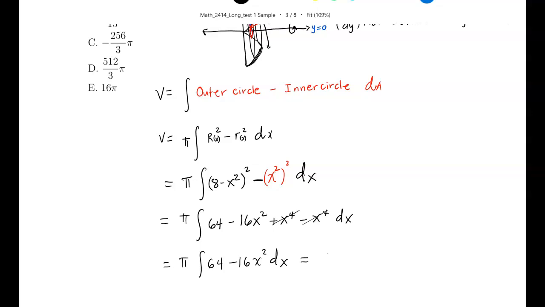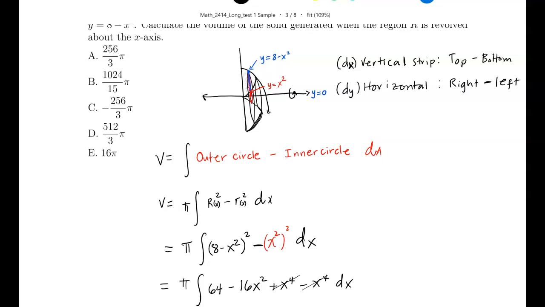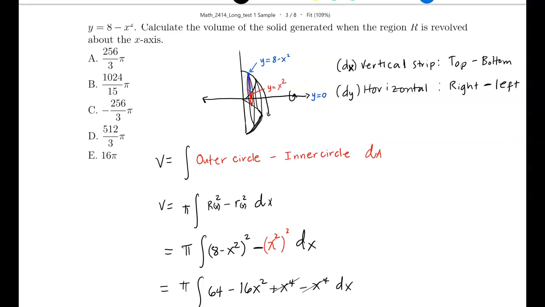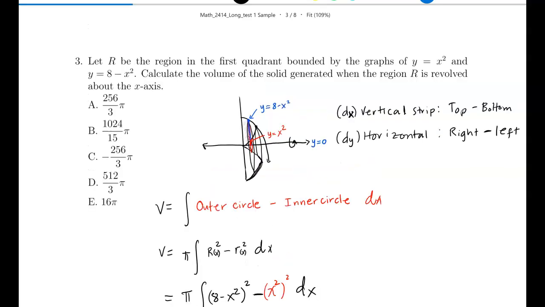Integrate that. You have pi, oops, and then we forgot the limits of integration. We were just computing without actually looking at the limits of integration. What are the limits of integration? We already calculated the intersection.